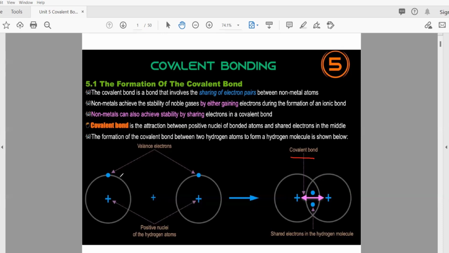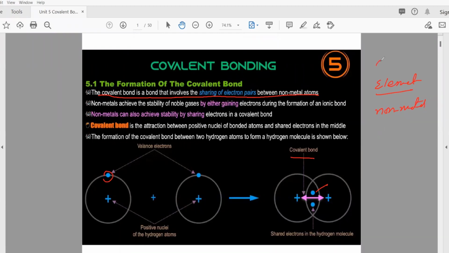Once again, the atoms share their valence electrons, their last electrons, and make an electron pair, and then the covalent bond is formed. See here, a covalent bond is a bond that involves sharing of electron pairs between non-metals. Which type of elements make the covalent bond? Non-metals.